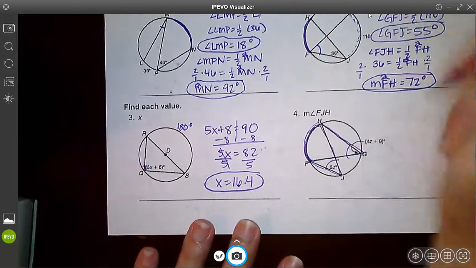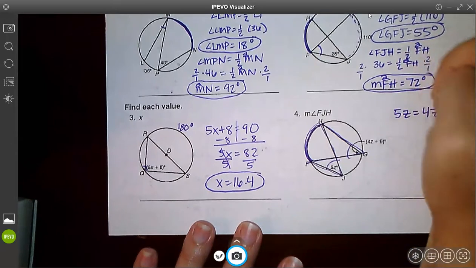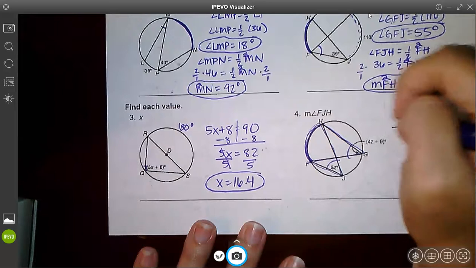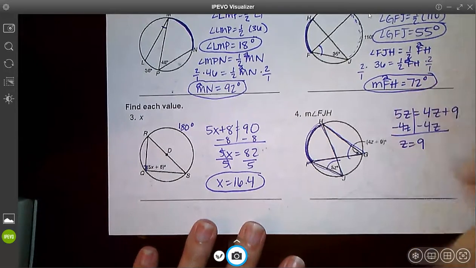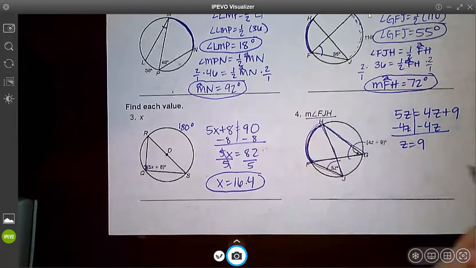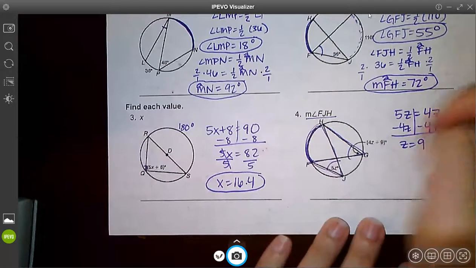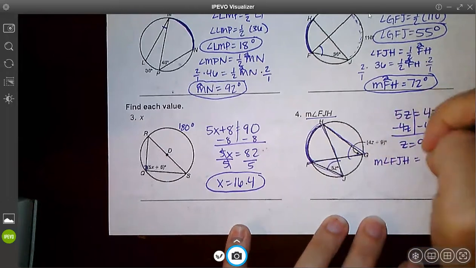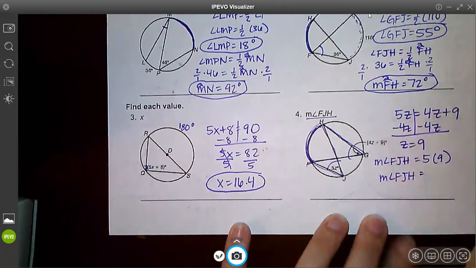So we can set up that equation. 5z equals 4z plus 9. Get your z's together. You get z equals 9. But be careful because it's asking you for the measure of angle FJH, so I'm plugging that back in. Measure of angle FJH equals 5z, so 5 times 9, which is 45 degrees.